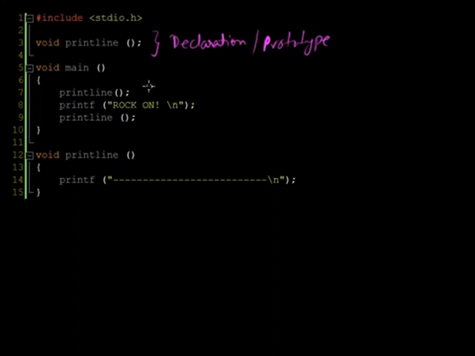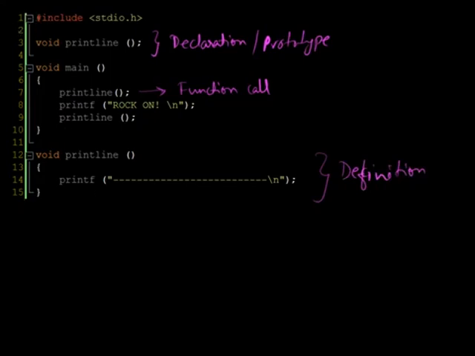So on similar lines, when you write print line, you write the name of your user defined function. This is nothing but a function call. And this is called definition. You're defining your function here.